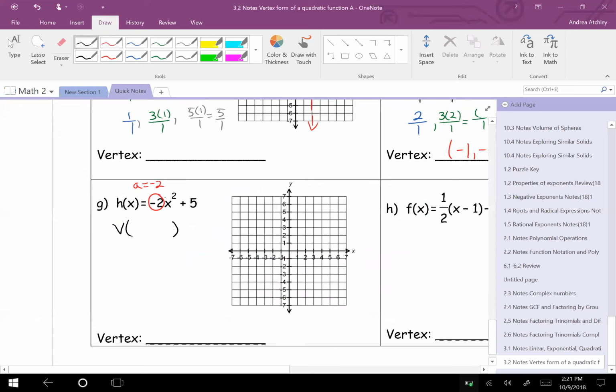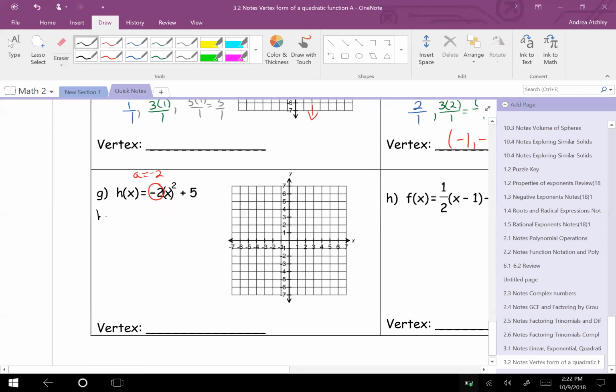I should have parentheses around this x, right? So technically what this should be is h of x equals, I have my -2, which is the a value, times x plus 0.